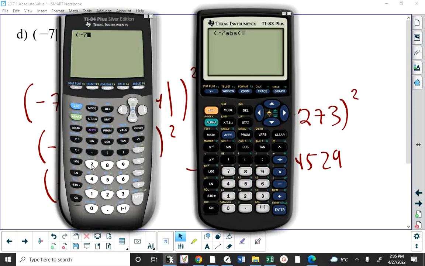Bracket, -7, math, absolute value. Yeah, it does, which is a nice feature. Does anybody have a TI-84 or higher that doesn't do that?